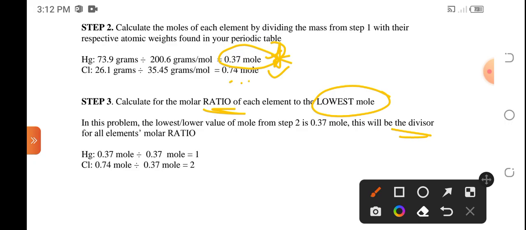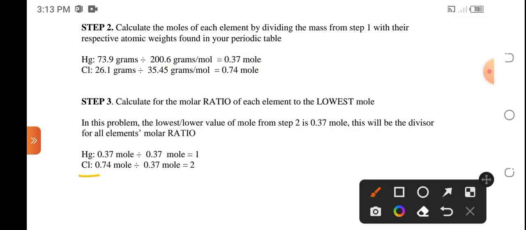Okay, so for the ratio of mercury, so still yung kanyang mole, mercury is 0.37. Divide this by the lower value, lower ratio, which is 0.37 din. Siya rin yung lower. Ito yung actual niya, mole, divide this by the lowest value. So that is 1.